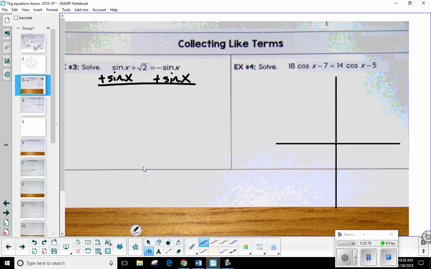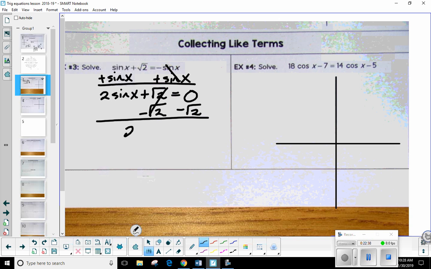So what's sine plus sine? 2 sine, plus the square root of 2 is equal to 0, because those opposites cancel. Let's subtract the root 2. Those are going to cancel. 2 sine of x is equal to negative square root of 2. And then divide by 2, because we just want sine of x.